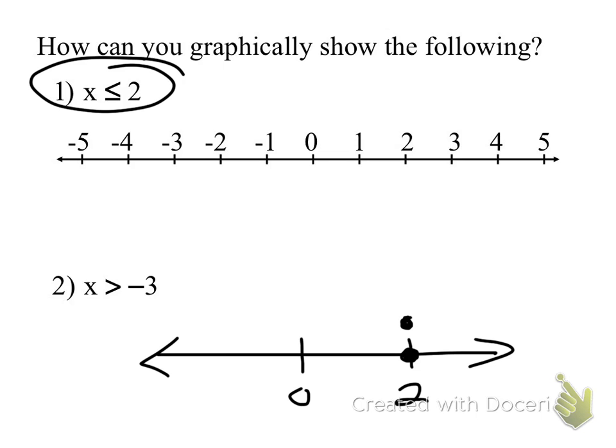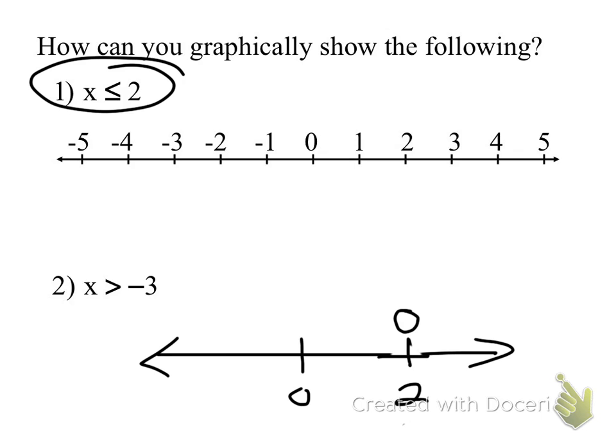Now, I draw a circle. Now, what that means or equal to means it includes 2 in that number set. So all the numbers that we're listing are 2, 1, -1, -2, -5, -100.